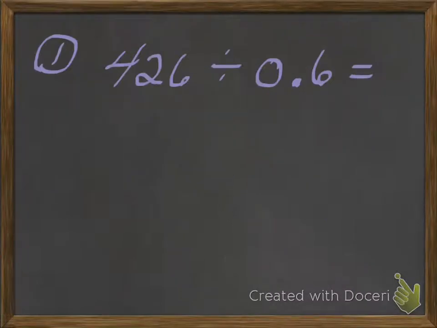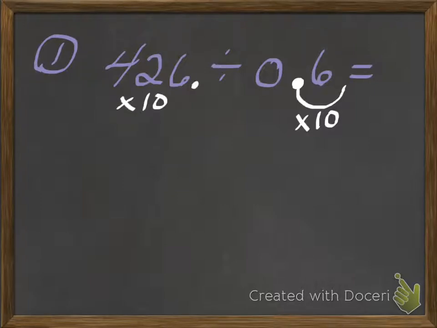So, if we have 426 divided by 0.6, what would you multiply the divisor by and the dividend by so that you get no decimal point in the divisor anymore? Well, I see that I have my decimal point here in 0.6. I'm going to move over one spot. So that means I'm multiplying it times 10. I'm going to multiply this other number times 10 as well.